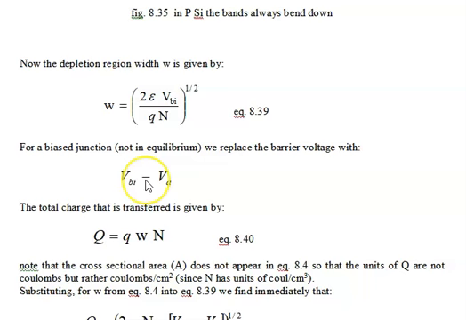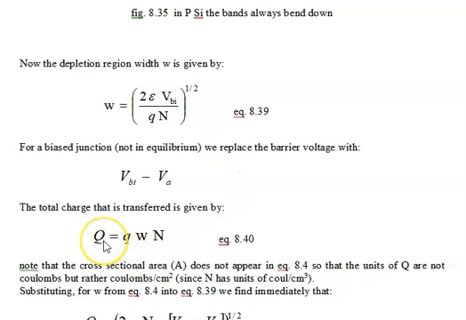And let's just call it minus for now. And then we're going to take a look at what is the total amount of charge that is transferred. Now, if it's for an N-type silicon, again, this total amount of charge is electrons transferred from the silicon into the metal.